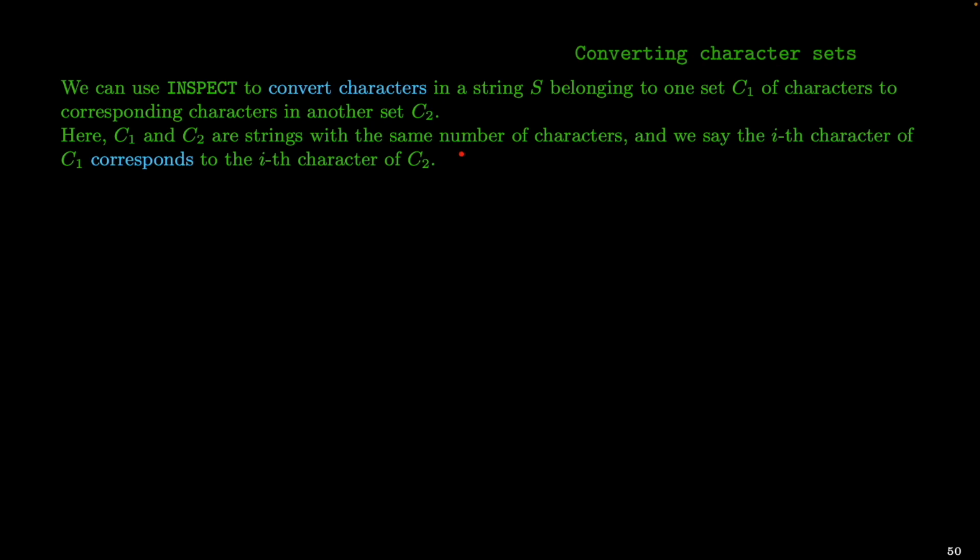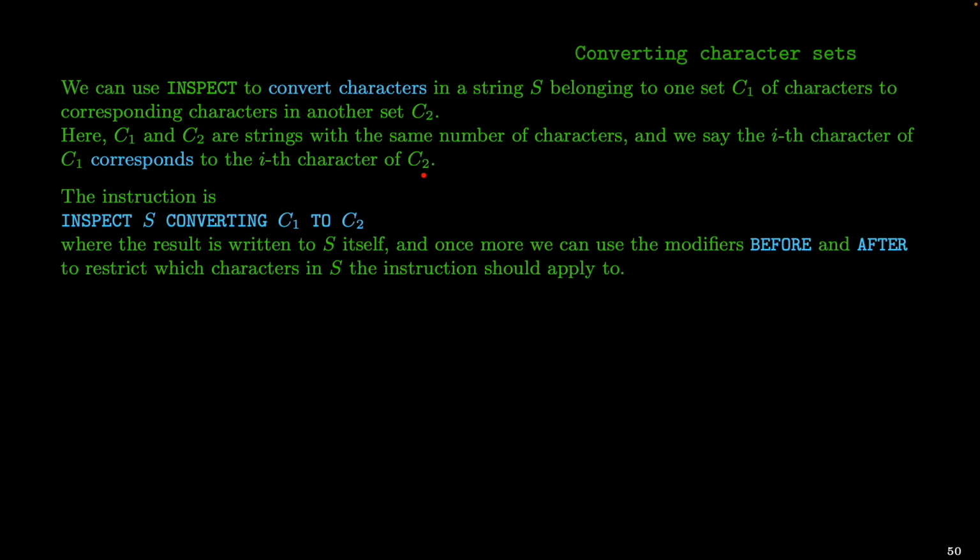And we then say the ith character of C1 corresponds to the ith character of C2. And the instruction to do this is inspect S converting C1 to C2. Again, the result is written directly to S. And we can also again use modifiers before and after to restrict where the instruction should apply to in our string S.